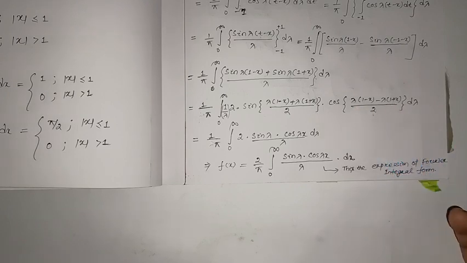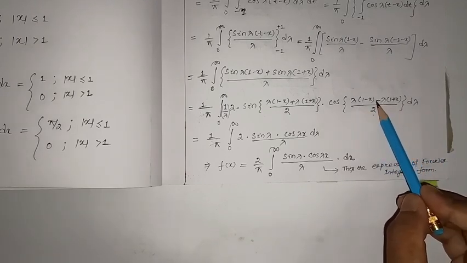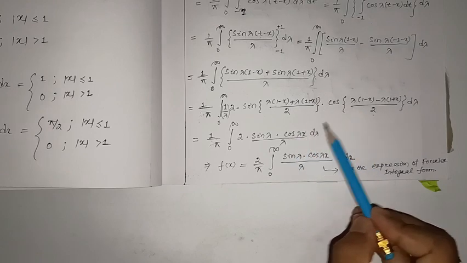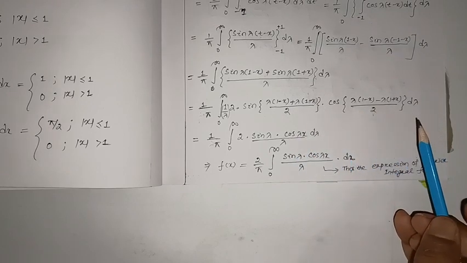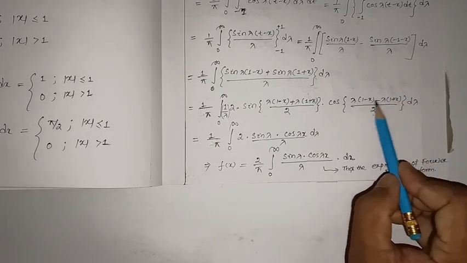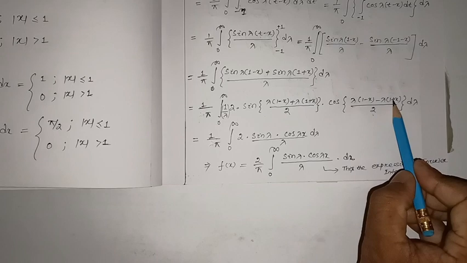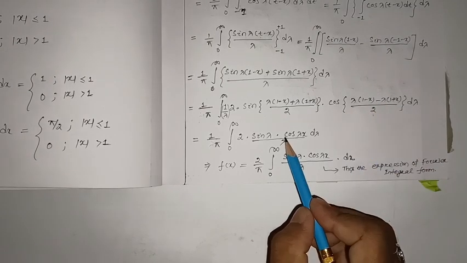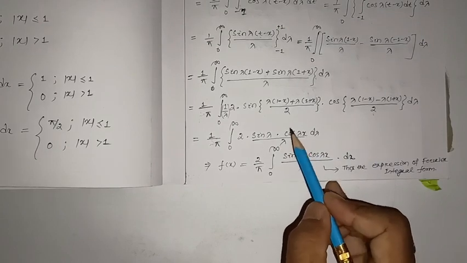So lambda, lambda got cancelled and minus 2 lambda x will be cos; as it is an even function, cos lambda x by 2. So the 2 got cancelled. As it is an even function, we can write cos lambda x by lambda into d lambda.